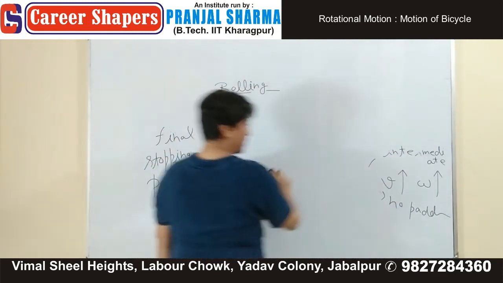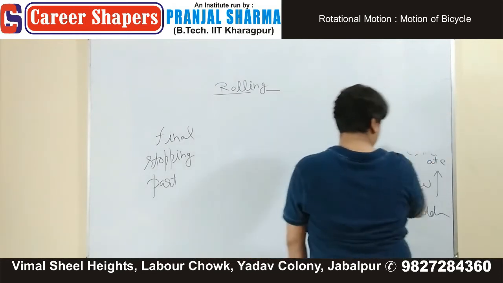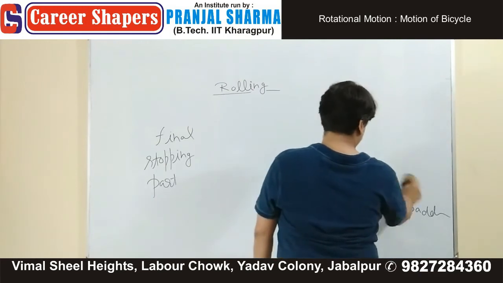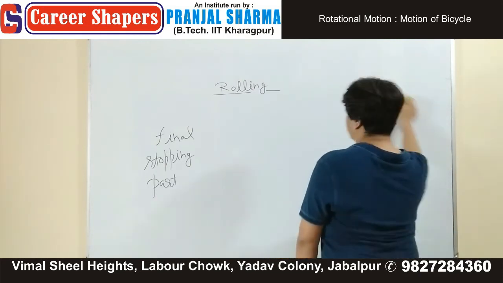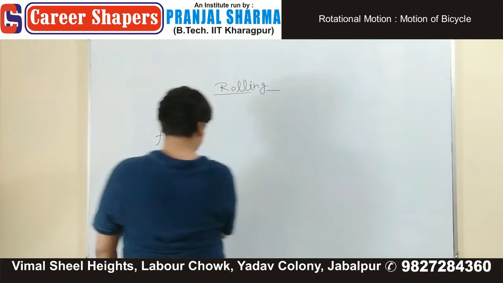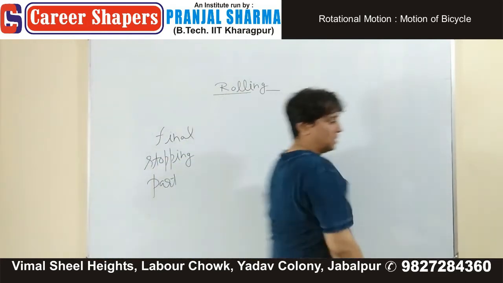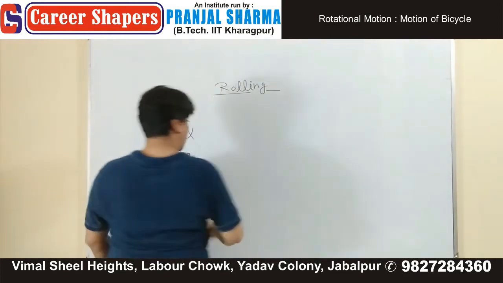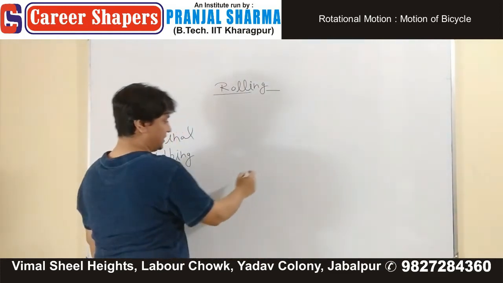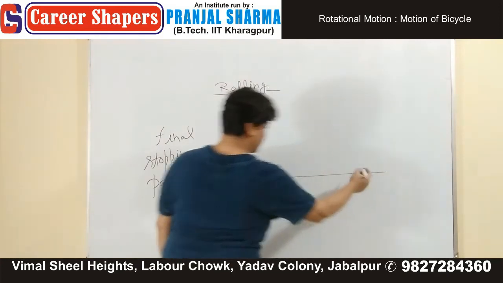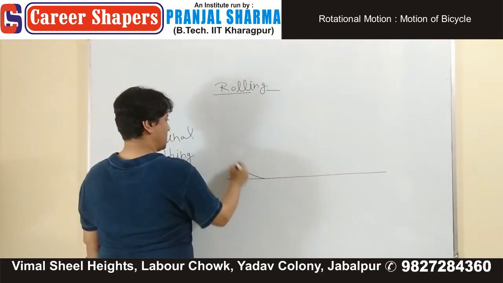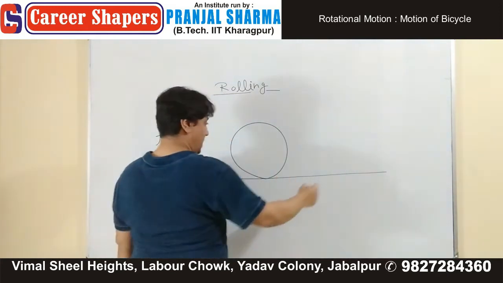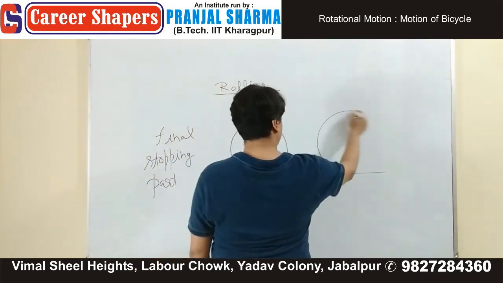Why? Because for the rear wheel there are two things which are providing torque: brakes as well as friction between the tires and road. Whereas for the front wheel there is only friction present, and therefore it will be easier for us to understand the direction of friction for the front wheel, and that will immediately give us the direction of friction on the rear wheel also.